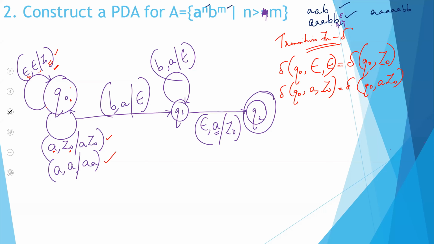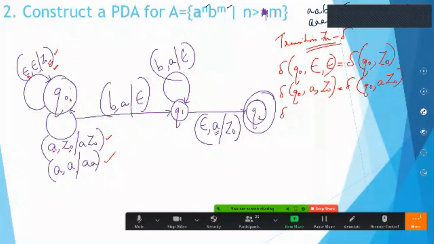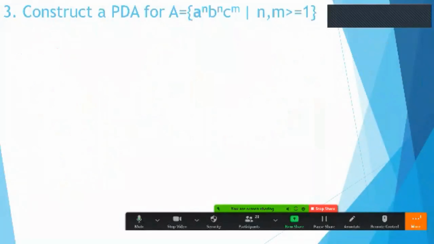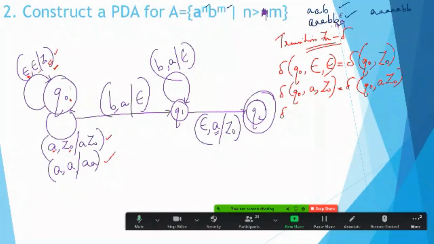Now I'll write for my third transition. Delta. Which state am I in? I am in my same old state called Q0. I encountered A. My top of the stack was A. I'm changing myself into Q0 itself.